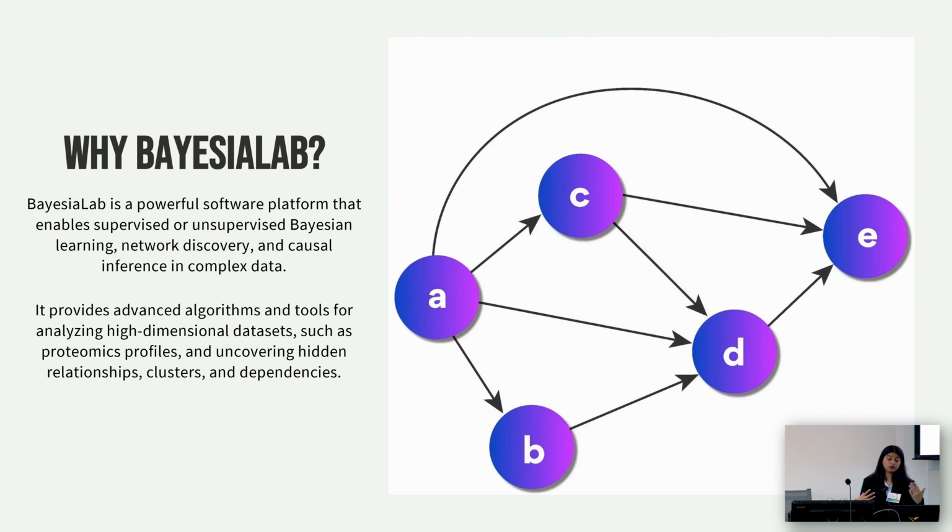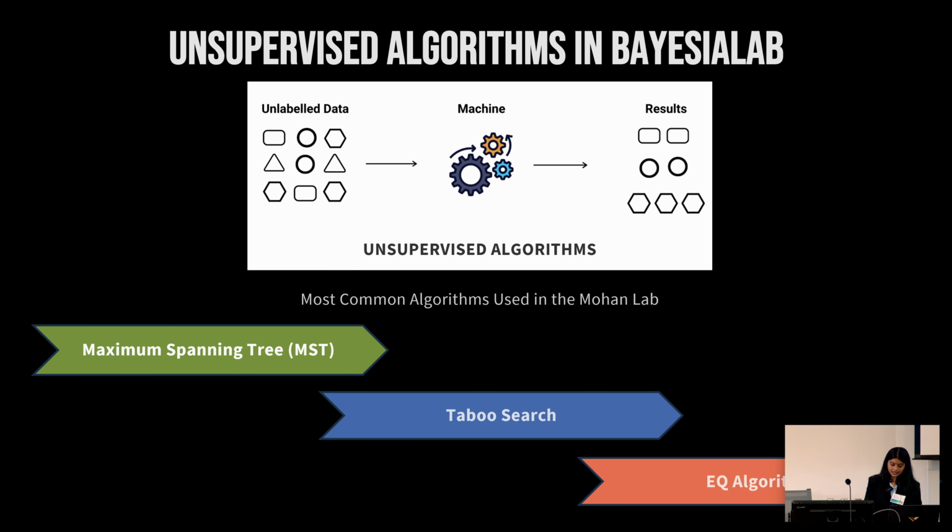It is a very powerful tool where we can use supervised or unsupervised Bayesian learning to analyze high dimensional datasets to uncover hidden relationships, clusters, and dependencies. Majorly in our lab, we use the unsupervised algorithms that are available to understand the patterns running inside the data.